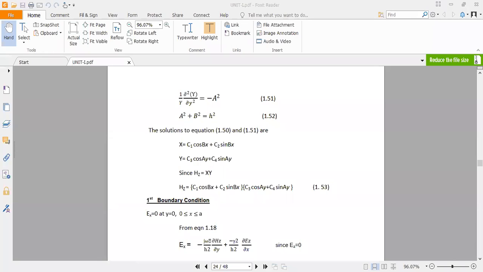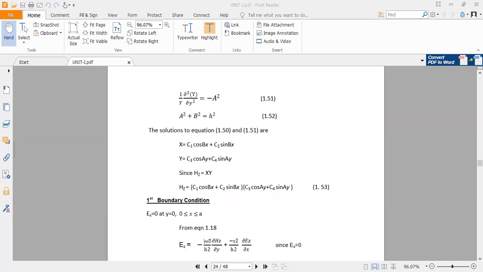What are the parameters we discussed? Cutoff frequency, guide wavelength, and cutoff wavelength, phase velocity, group velocity, and wave impedance.